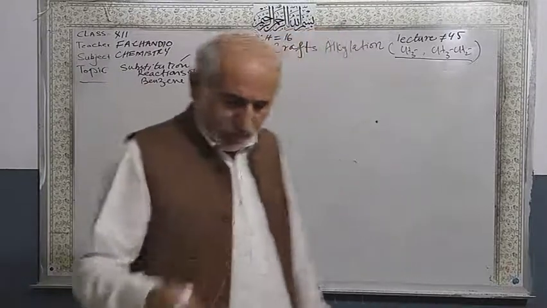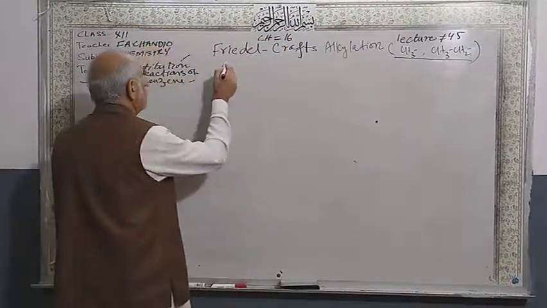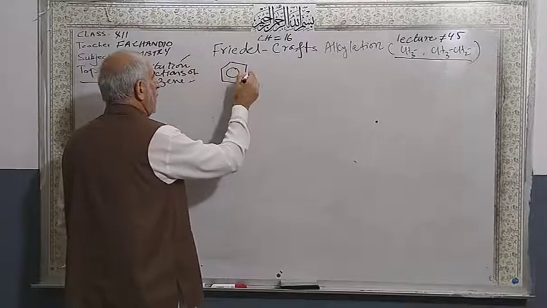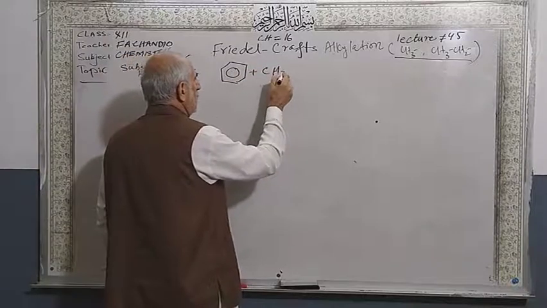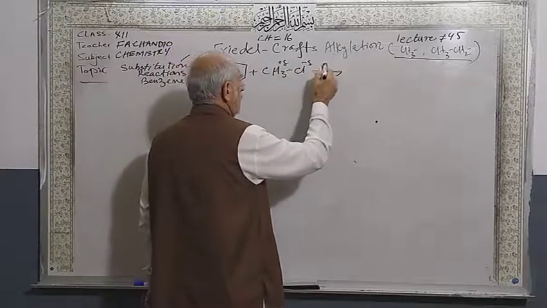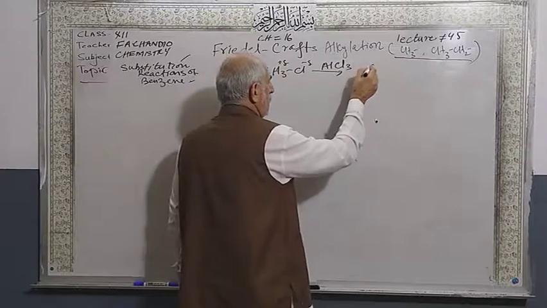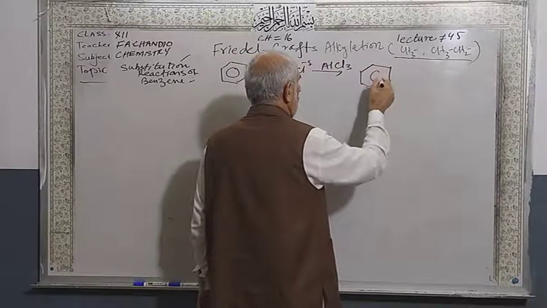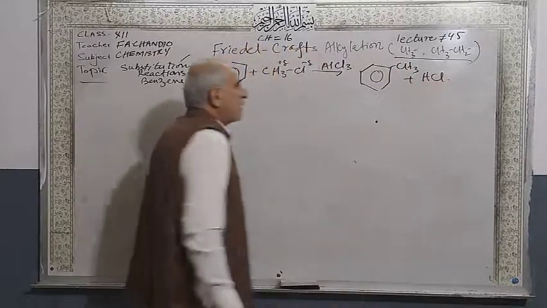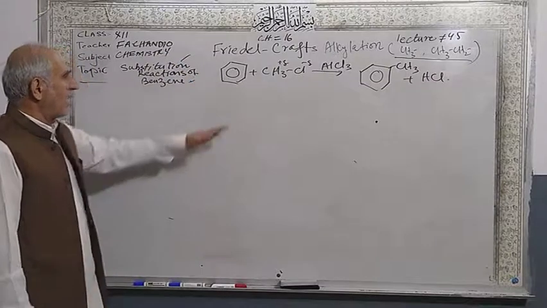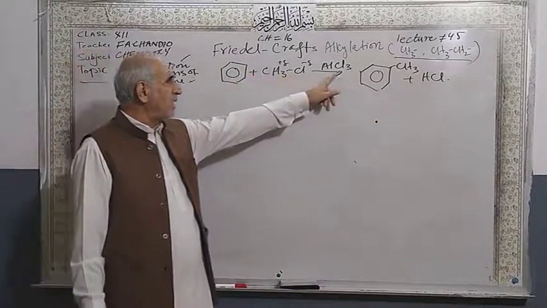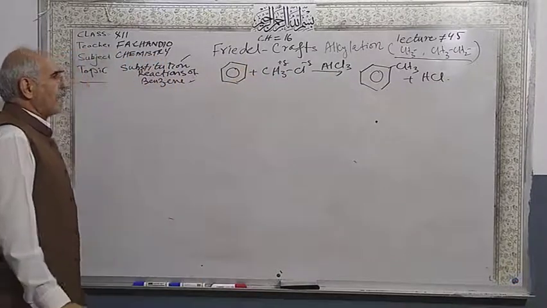If I am going to write a one-step reaction, you will get toluene. This is the one-step reaction. There is an alkyl group, methyl is going to be attached here, hydrogen is substituted to make HCl. Aluminum chloride is a catalyst.